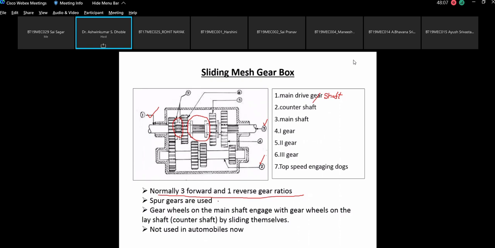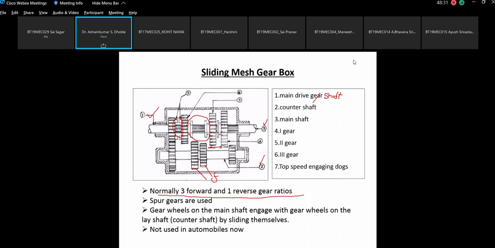So spur gears are used in the sliding mesh gearbox. Gear wheels on the main shaft engage with the gear wheels on the lay shaft, counter shaft, by sliding themselves. Please understand that these gears are fixed. These gears are fixed. Whereas these gears you can slide forward and reverse. How? That we are going to see in the engagement.